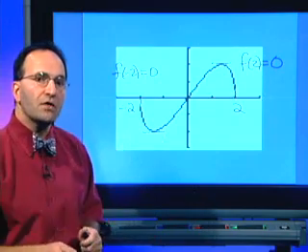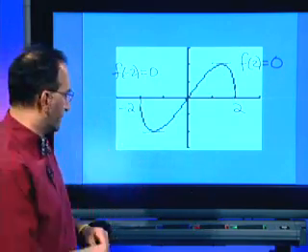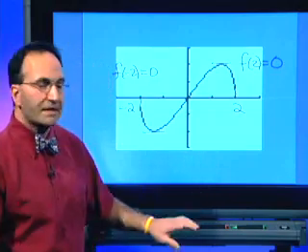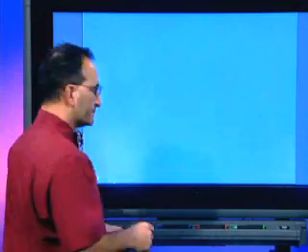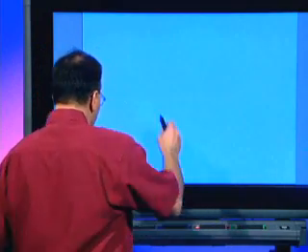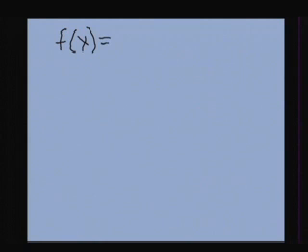In order to do that, we should look and find the first derivative. So let me get to a blank screen, and let's work out the first derivative for this particular function. We have f of x equal to x times the square root of 4 minus x squared.